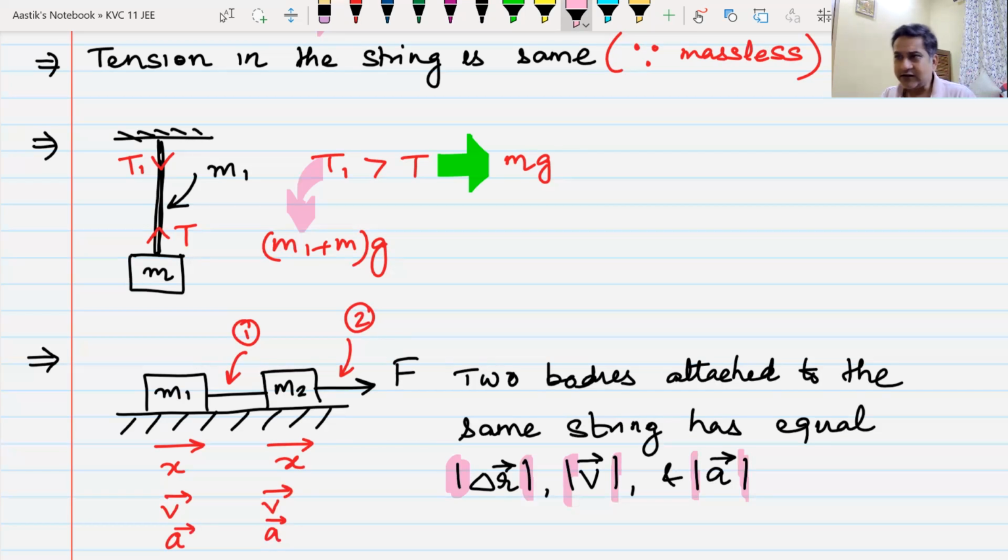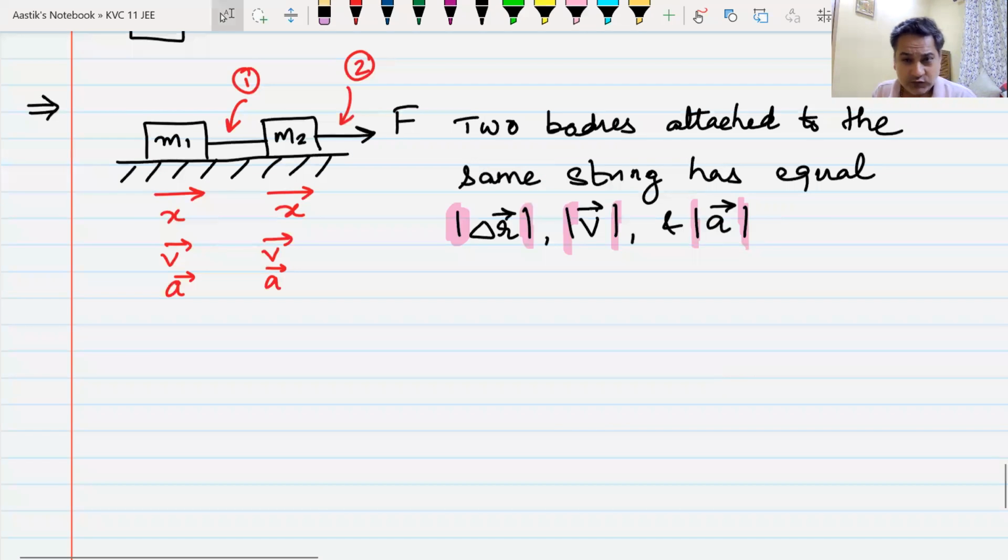Is it possible that they have the same magnitude, but they move in different directions when they are attached to a string? Can you think of a case where two blocks attached to a string move in different directions? Can they move in different directions? Yes or no?